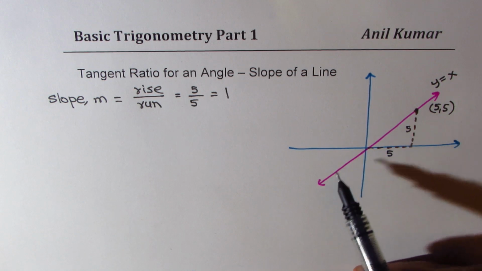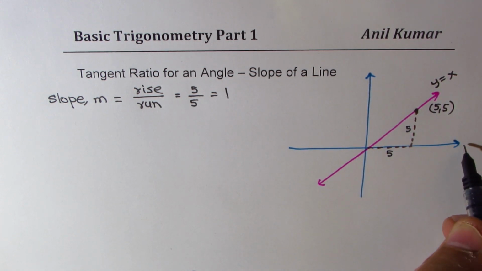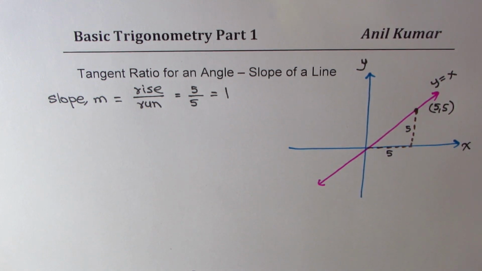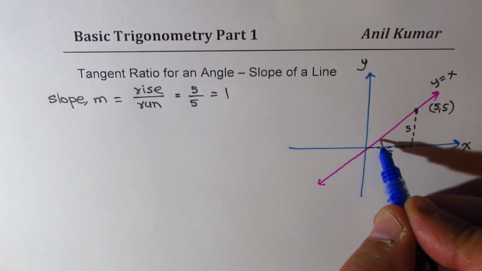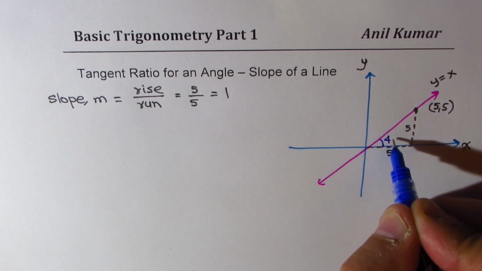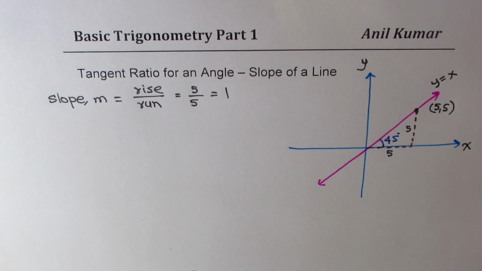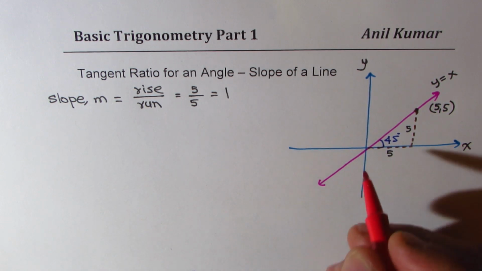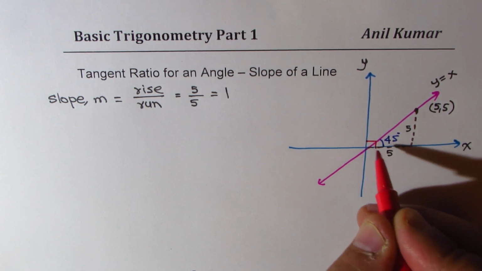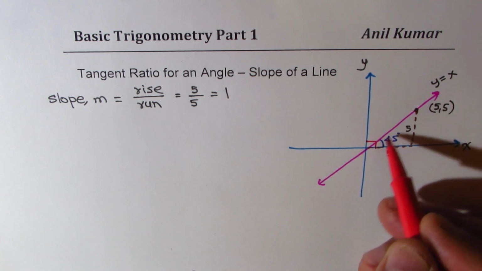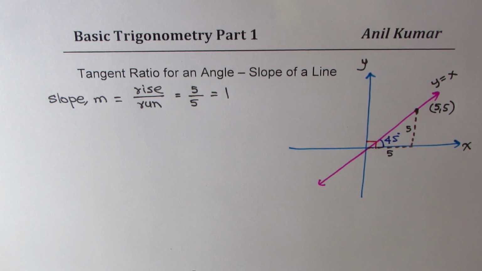We know that this line divides the plane, which is the xy plane for us, diagonally, and we also know that the angle which is made here is 45 degrees, right? It bisects, so it is exactly half of 90 degrees. Correct? So this line, if it is y equals x, it will diagonally divide the plane, and the angle which it makes is 45 degrees.